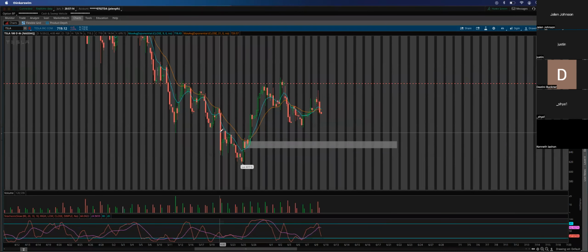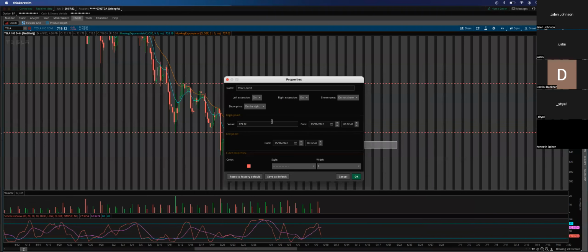This is 679.72. So what will we round this up to? Where will we put this at? 680, right? Just keep it that simple. Use those whole numbers to your advantage.